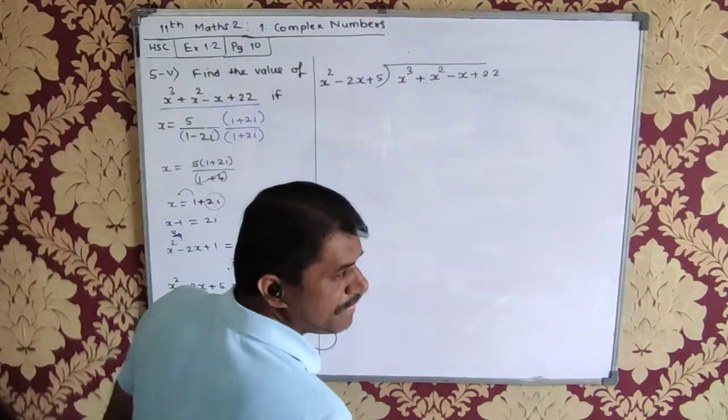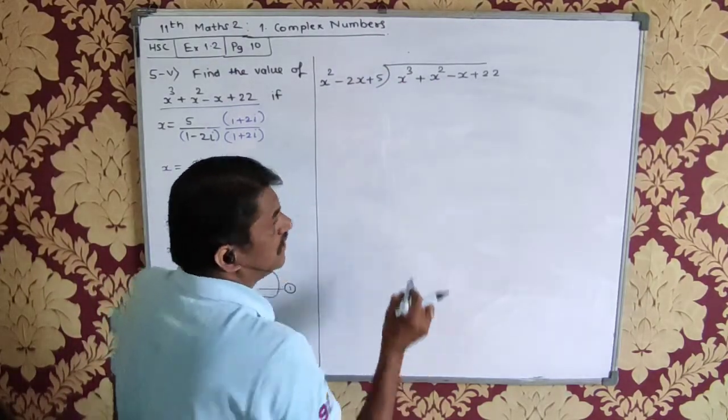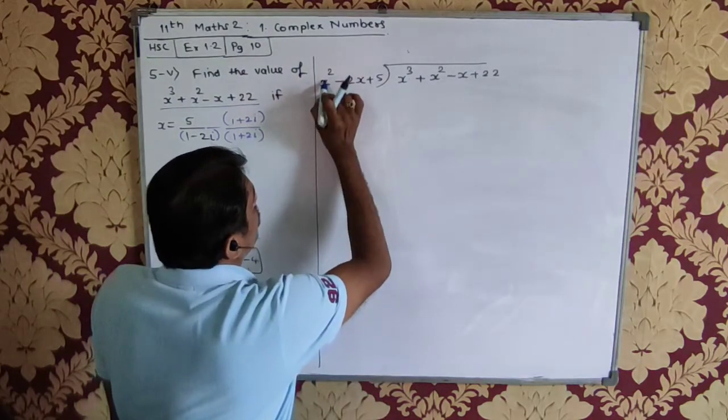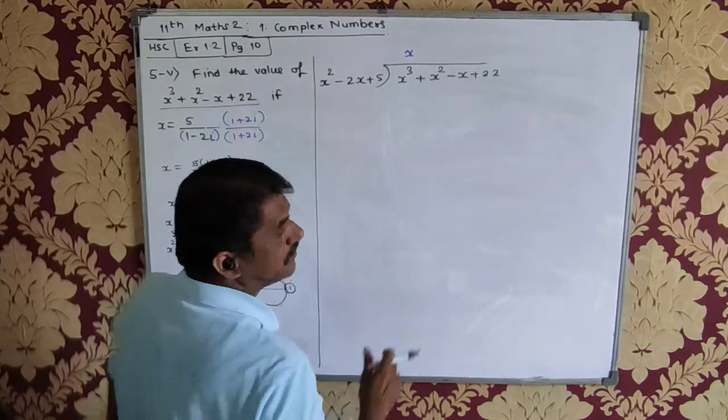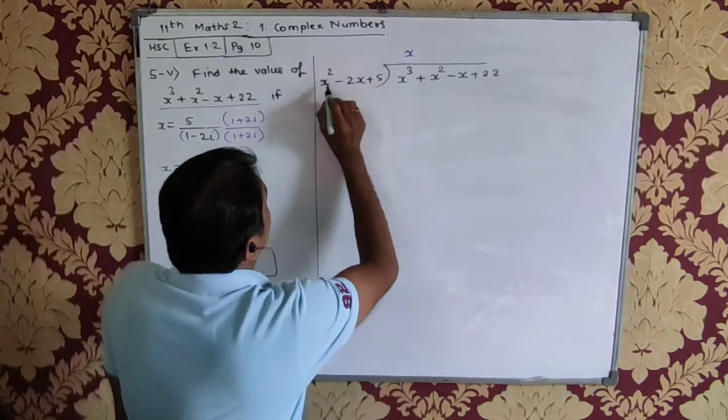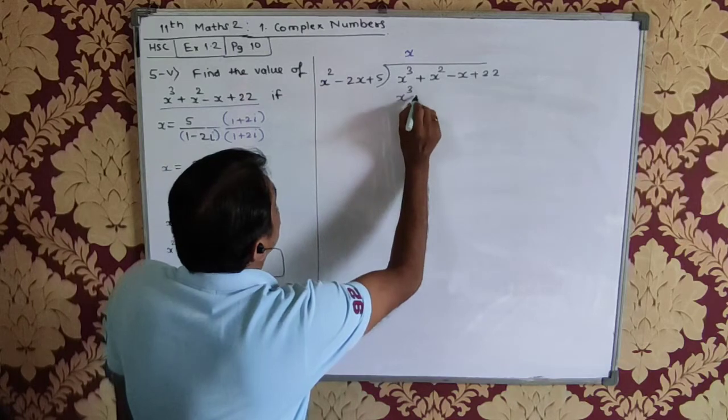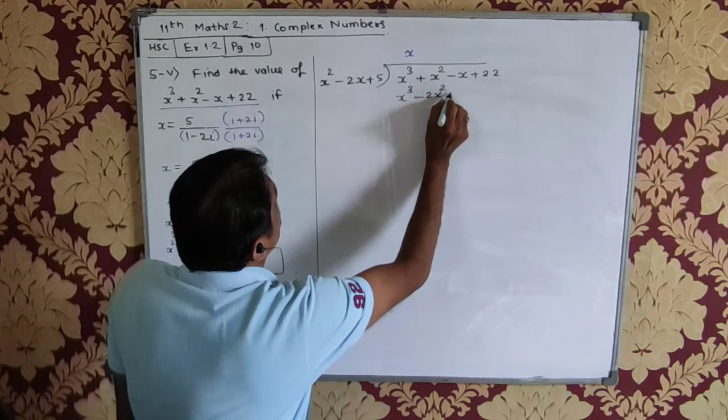Division. What should I multiply this by so that I will get x cube? So x into x square. X into x square gives x cube, minus 2x square plus 5x.